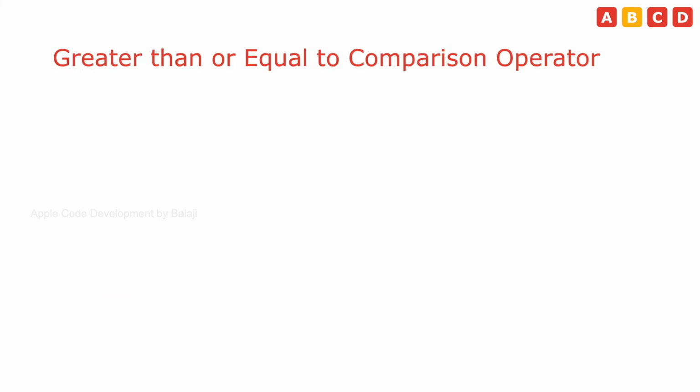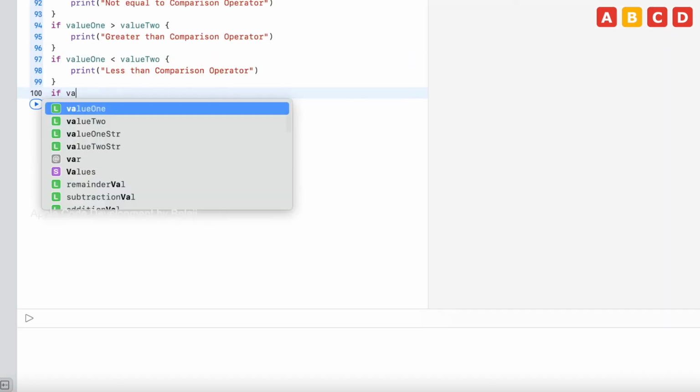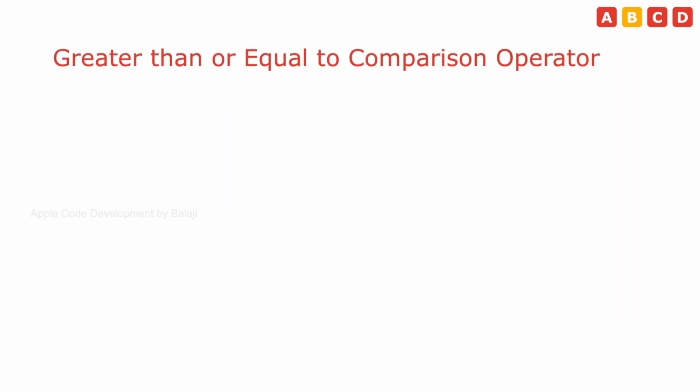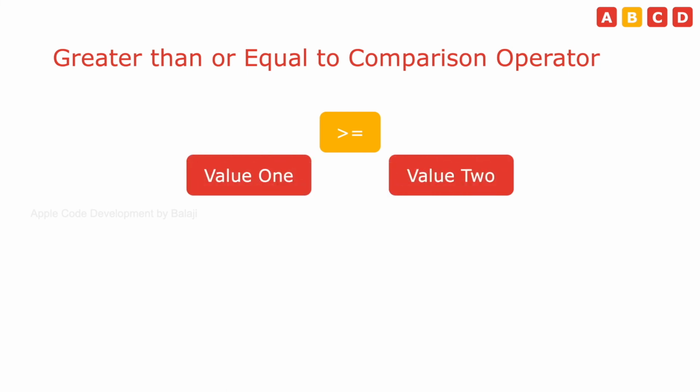The next is the greater than or equal to comparison operator. It is used like value 1 greater than or equal to value 2. Here the left side open parenthesis and equal to will check whether value 1 is greater than or equal to value 2.